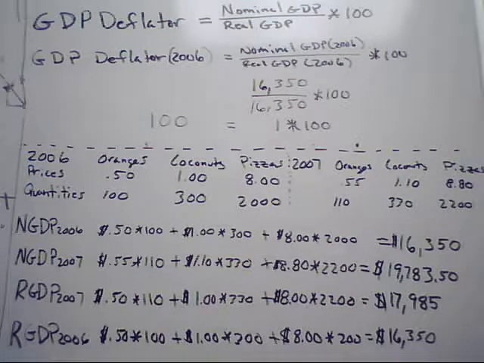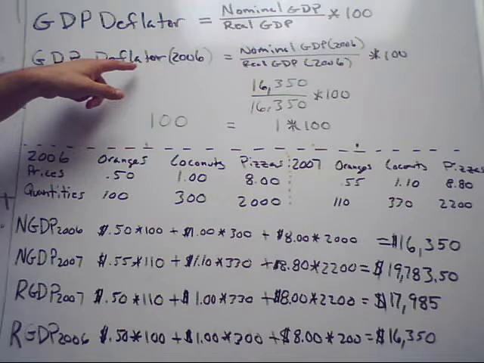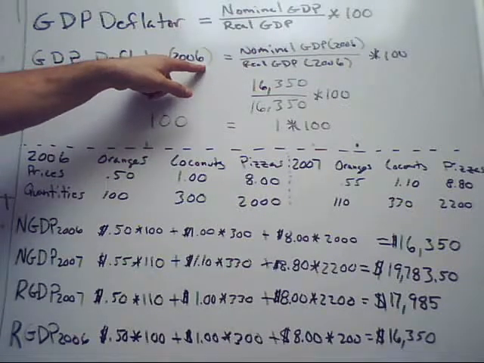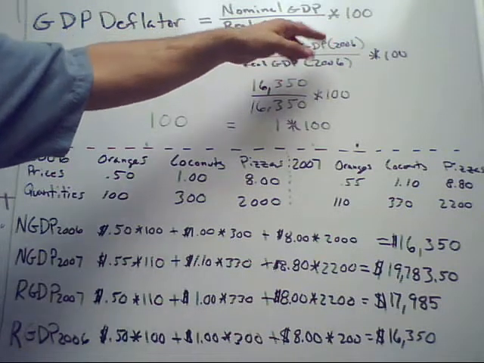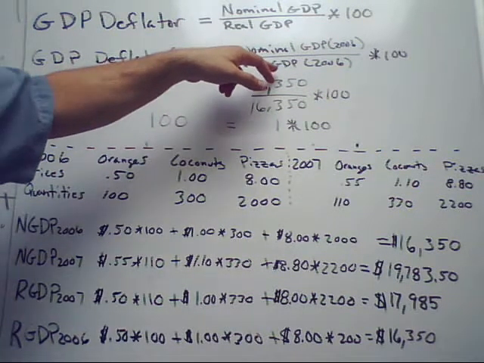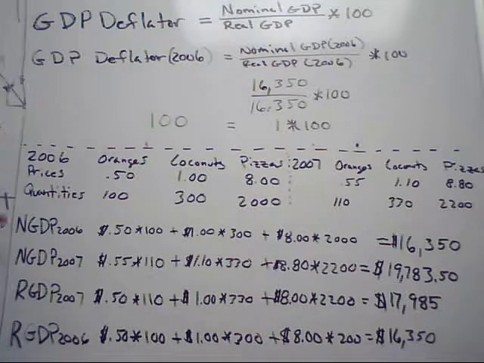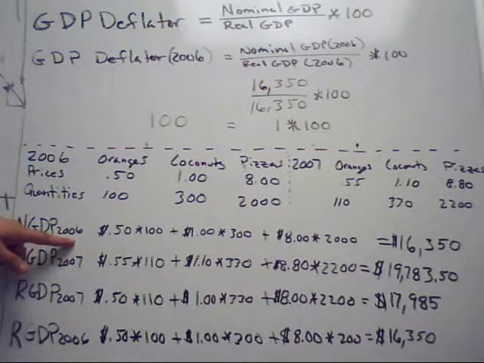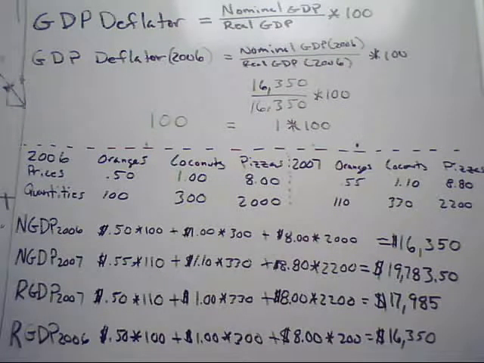So that's our equation. If I were interested in looking for the GDP deflator in the year 2006, what I'm going to be looking for is nominal GDP in 2006 divided by real GDP in 2006 times 100. I have those calculations from the previous video, and I have nominal GDP in 2006, and I got 16,350.